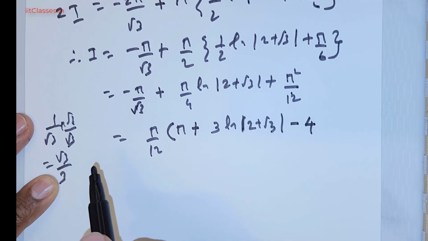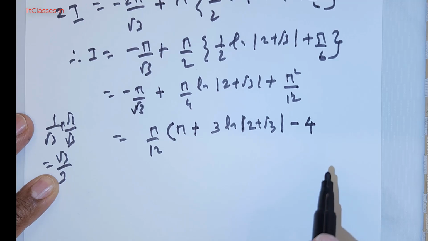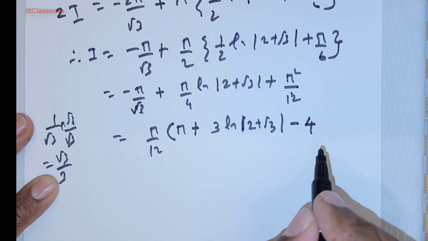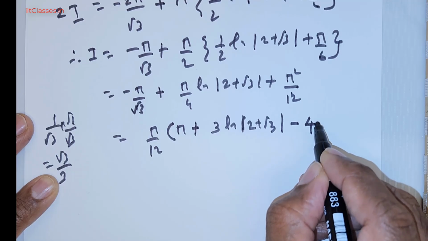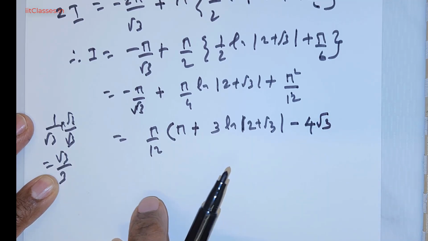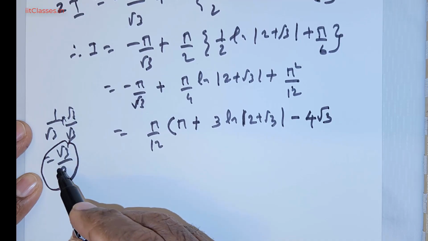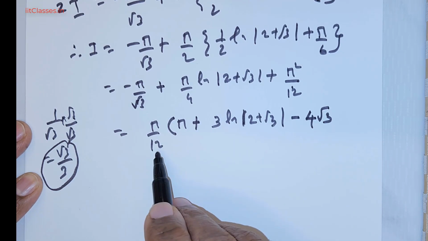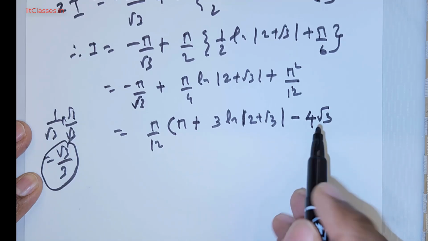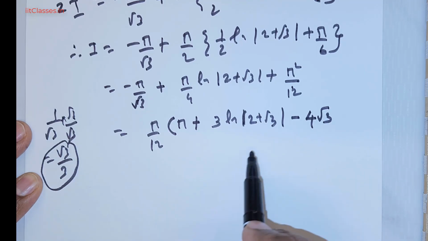So I need to cater to that. So the best way to cater to that is to have a product multiple of root of 3, right? Because we need a root of 3 over 3. So 4 times the root of 3 multiplied with 12. 4 divides by 3, so root of 3 over 3 is the direct outcome.